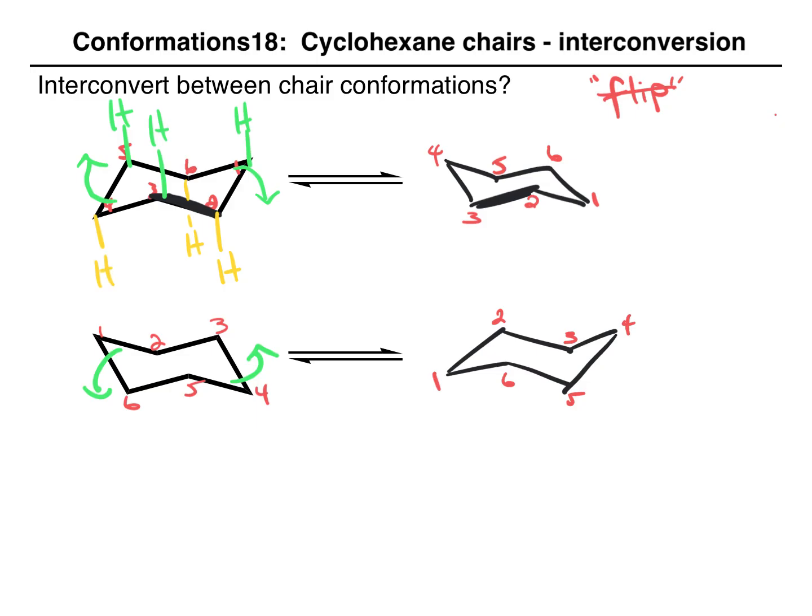And then if we fill in our equatorial, and back here is equatorial. And then this is our equatorial on the bottom face, equatorial on the bottom face, and equatorial on the bottom face. So we have axial, axial, axial, axial, axial, axial, and these are equatorial.